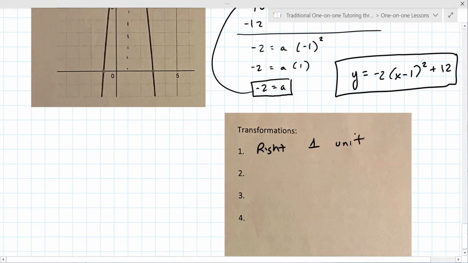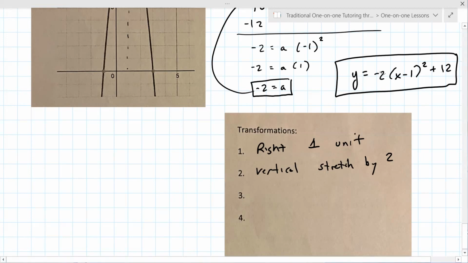The second one comes from this 2 out in front, not the negative, just the 2. That's a vertical stretch by 2.